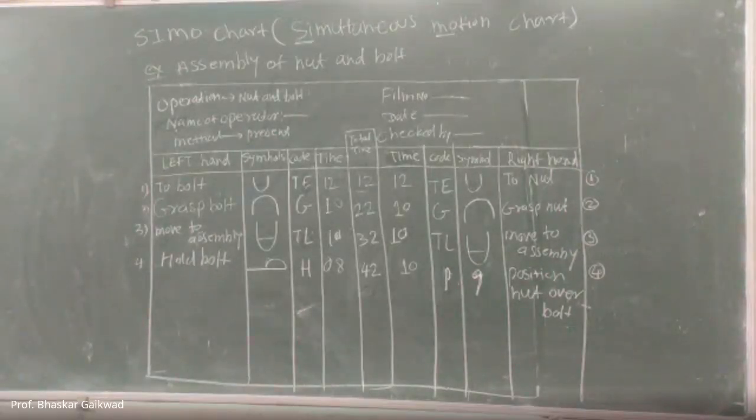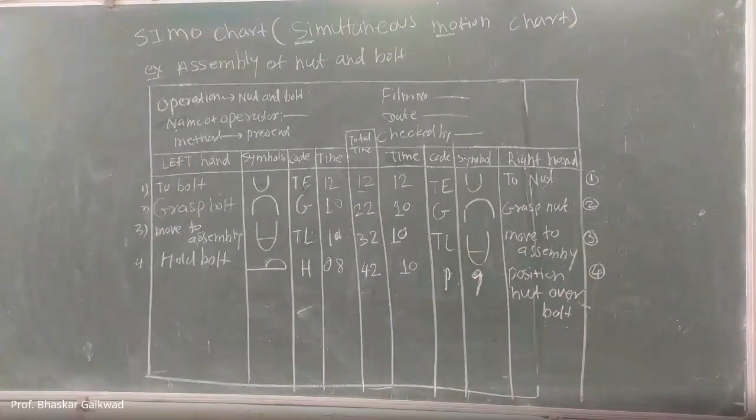So today we have seen the 18 therbligs and use of therbligs in the CMO chart with one example, assembly of nut and bolts with the two hands. See that in method study, the two-handed chart is there, but this is related to activity.